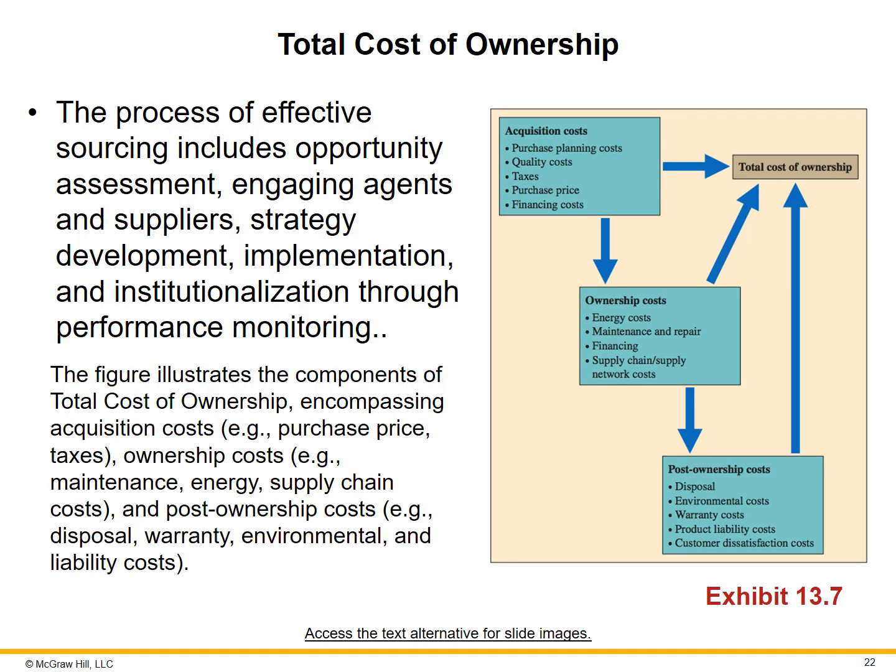Here we encounter one of the most important concepts: total cost of ownership. The process of effective sourcing includes opportunity assessment, engaging agents and suppliers, strategy development, implementation, and institutionalization through performance monitoring.